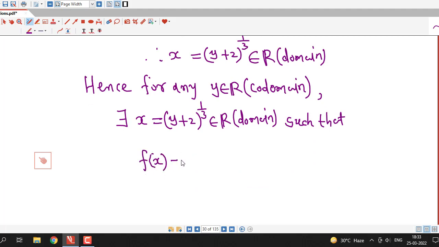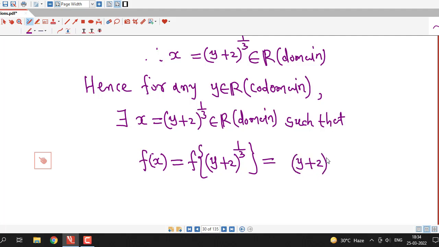Now f(x) is given by x cube minus 2. Before that we put x equal to (y plus 2) raised to 1 by 3.